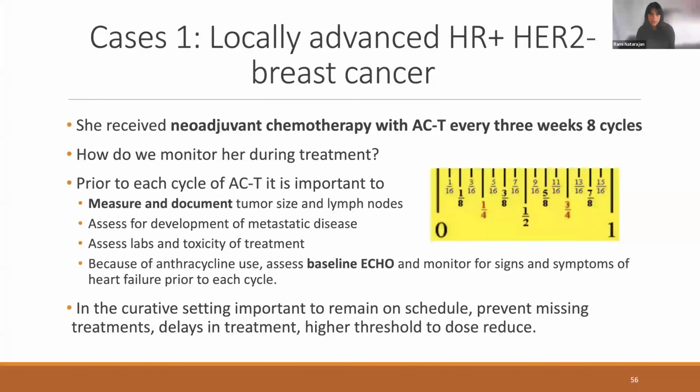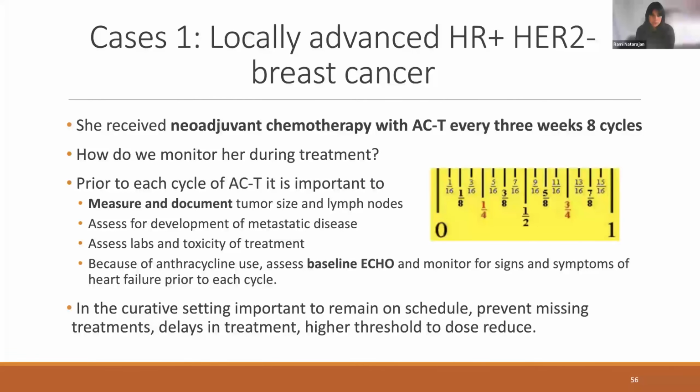If we feel that the tumor is getting larger, it would be very important to then reconvene and have a multidisciplinary conversation and see if the surgeon can take her to upfront surgery, or change systemic therapies so that the patient doesn't progress and miss her chance of cure. So that's why that's very important.